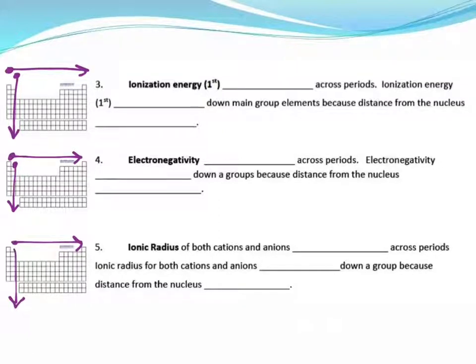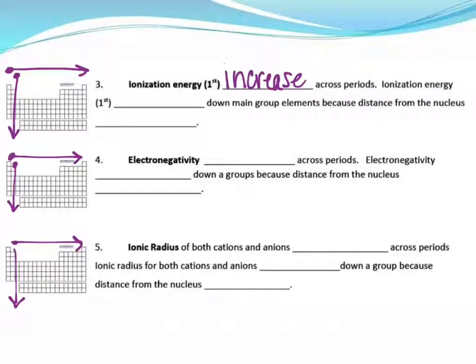So it's going to be easier to remove it from over here, right? Okay. So that means as we go across a period, ionization energy is going to increase. It's going to be harder to pull those electrons away.